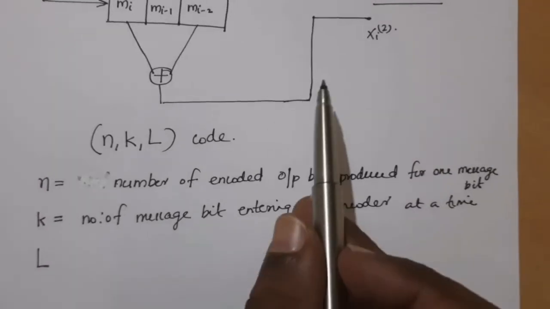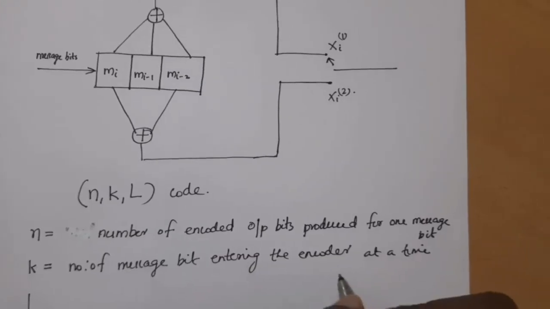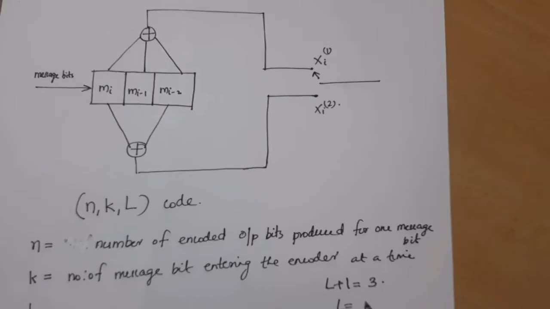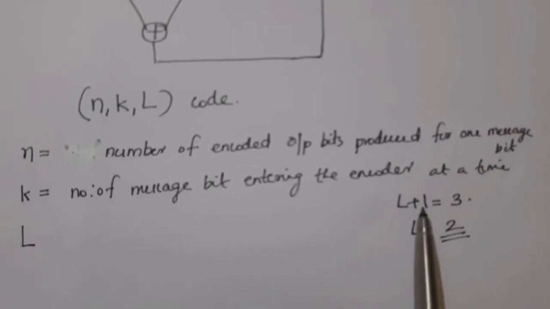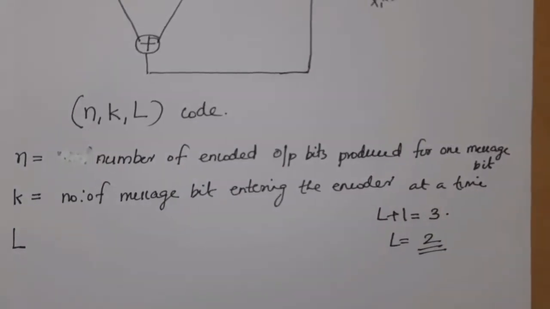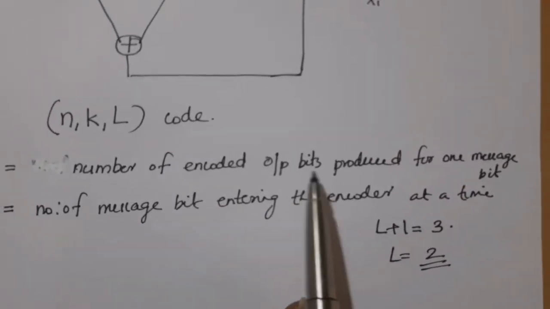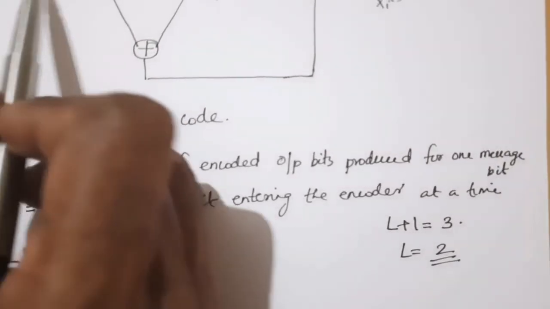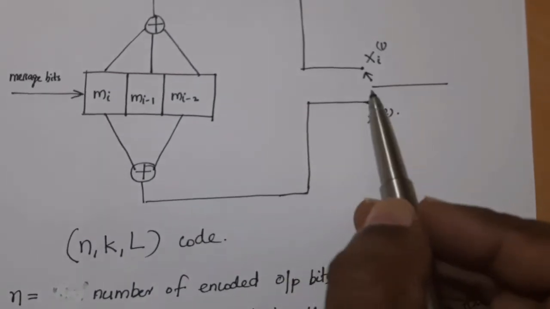In the given convolutional encoder, there are 3 shift register stages. That is, L plus 1 equal to 3. So L equal to 2. This plus 1 indicates the presence of the input stage. For the given convolutional encoder, what is N? N is the number of encoded output bits produced for one message bit. We can see that for one message input, 2 output bits are produced at the output.